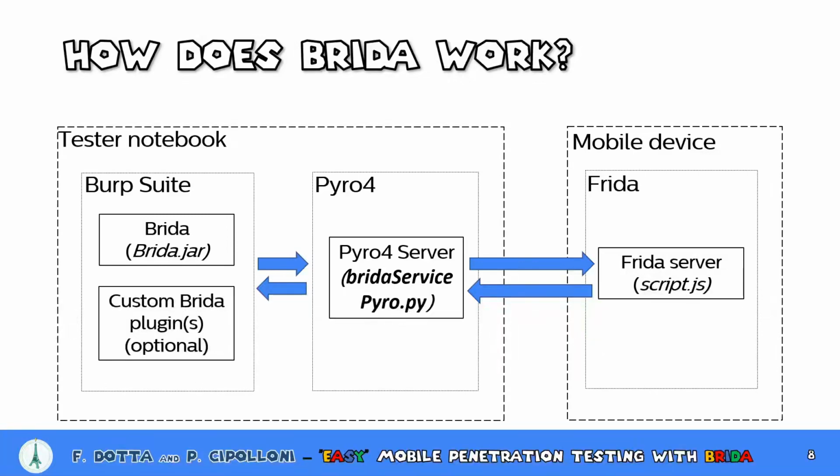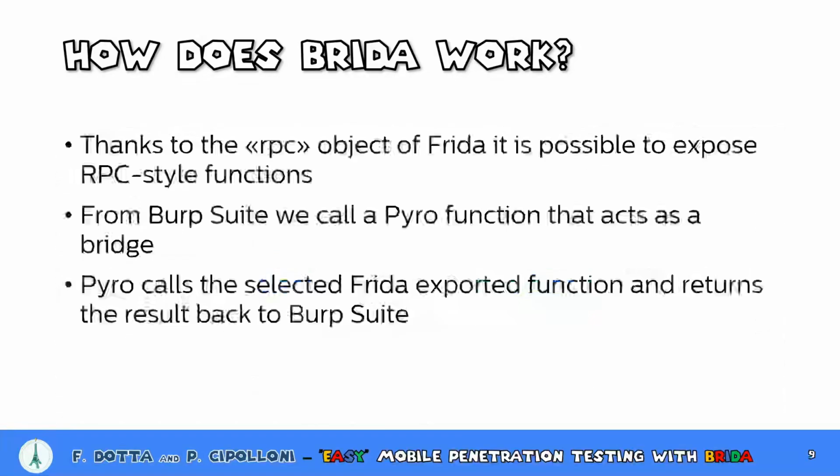Then with Brida we can create many different custom plugins that use the same bridge to talk with the mobile device. Thanks to the RPC object of Frida, it is possible to expose RPC-style functions that, using Pyro as a bridge, we can call directly from our Burp Suite plugin, and we can collect the returns of this computation executed on the mobile device.